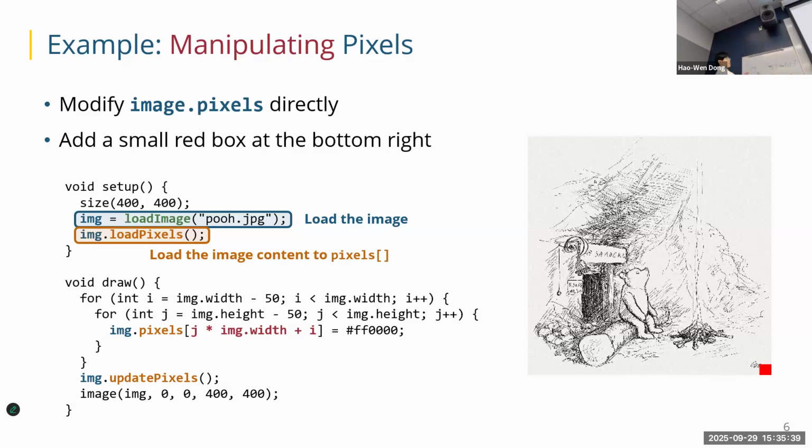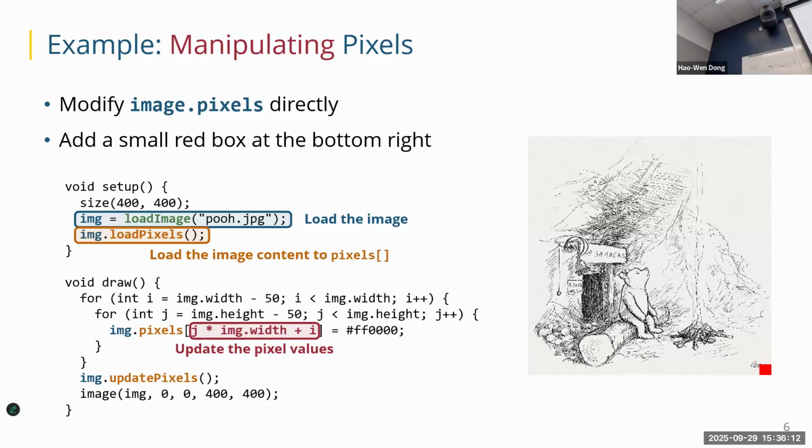Originally you have some image, and now you call loadPixels. This is when it starts to fill in these numbers. Once you call loadPixels, the whole image will be stored into this pixels array. And so now you can do the manipulation.